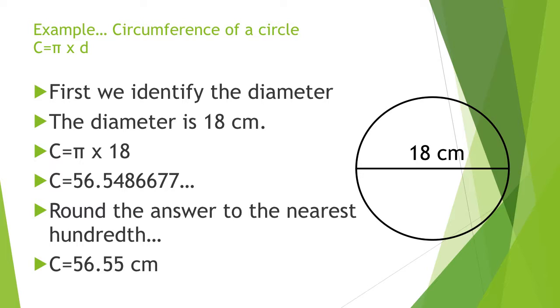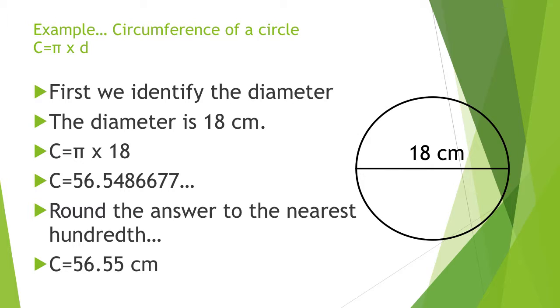In finding the circumference, first we need to identify the diameter. In this circle, we're given the diameter, which is 18 centimeters. Multiply that 18 times pi. You get 56.54866677 continued. And we're going to round it to the nearest hundredth. So our answer will be 56.55 centimeters.